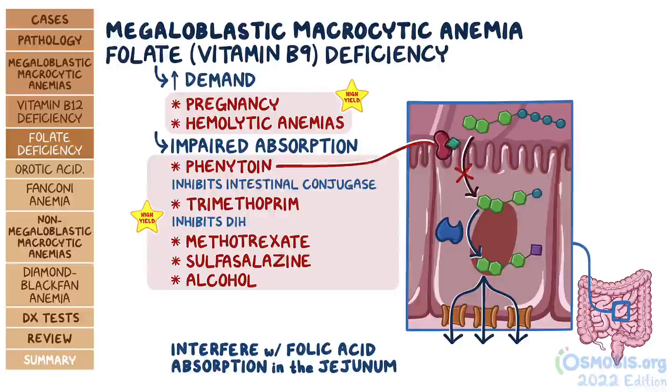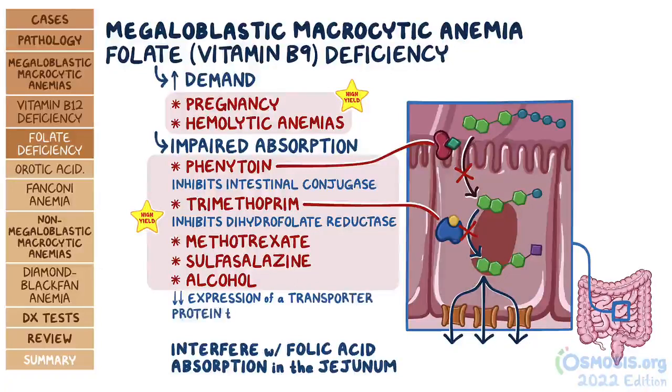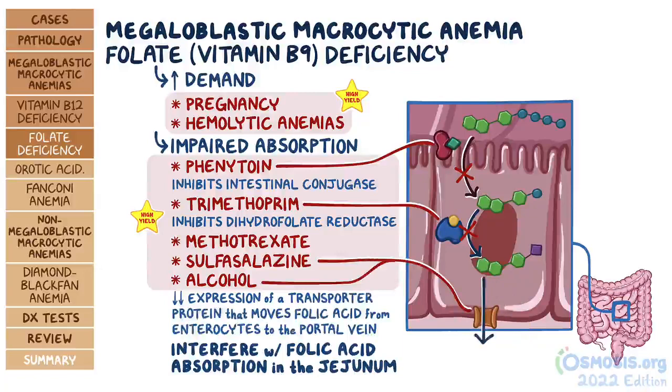Trimethoprim inhibits dihydrofolate reductase, which converts dihydrofolate into tetrahydrofolate. And alcohol, like sulfasalazine, decreases the expression of a transporter protein that moves folic acid from the enterocytes to the portal vein.